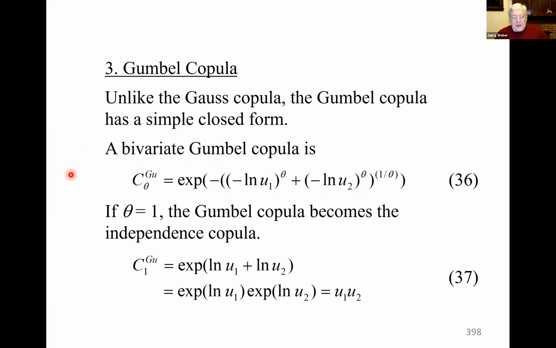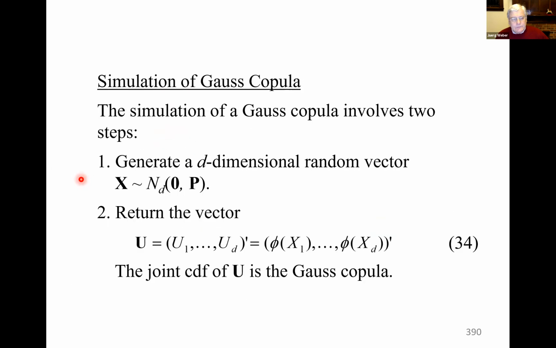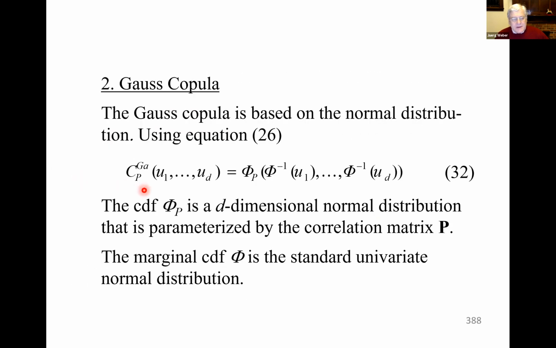Now, for the Gumbel copula, we have the same notation as the Gauss one down here. So theta is just a parameter of the copula. Remember, the Gauss copula was parameterized by the correlation matrix P, and if you had only two variables, then it was just the correlation coefficient.